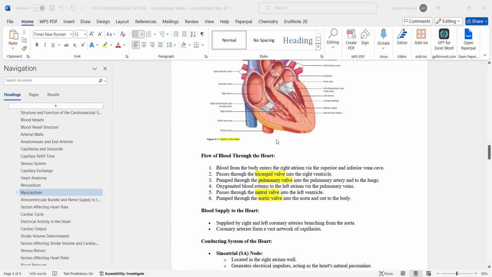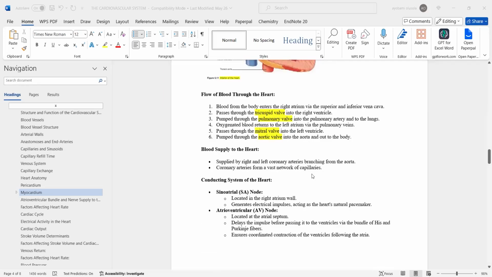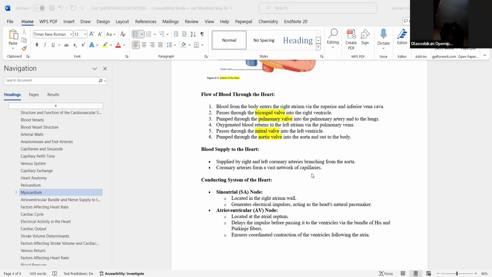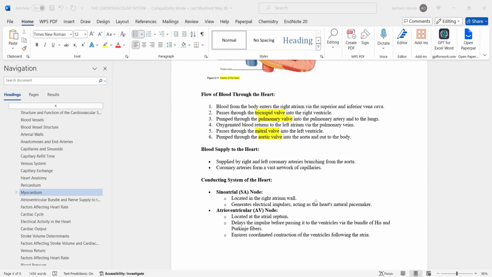This sinoatrial node is located somewhere here on the right atrium, and it is called the natural pacemaker of the heart. The electrical impulses start from the SA node. The SA node will first fire. The SA node is the heart's natural pacemaker. So what's the heart's natural pacemaker? The SA node, sinoatrial node, is the heart's natural pacemaker.